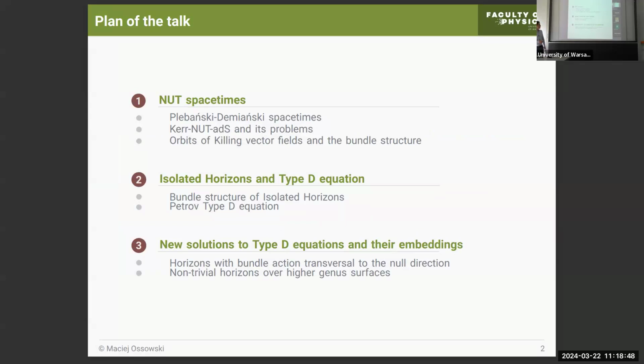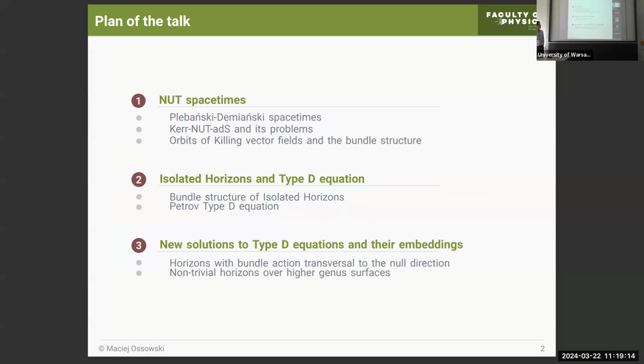So going from the bottom, the two new types of horizons are, first, the horizons admitting the structure of a non-trivial U1 bundle over some higher genus surfaces, whereby higher genus surface, I mean that they have genus higher than 0, so essentially everything apart from a sphere.